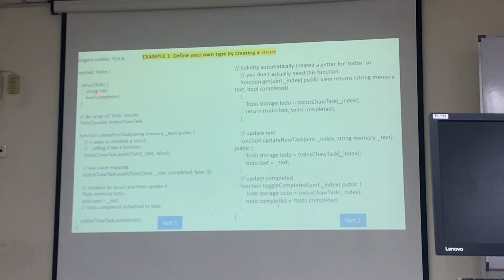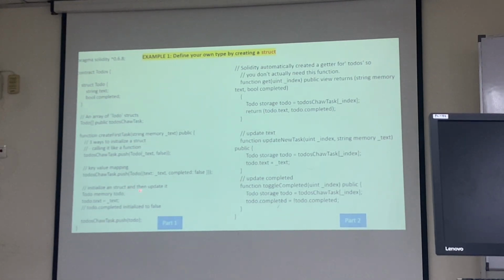Now here I have a sample of code. This is part 1, this is part 2. Let's copy part 1, then copy part 2, these two parts of the code, into your Remix. Then I will explain what it is about.